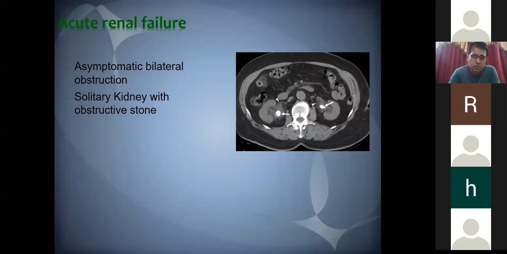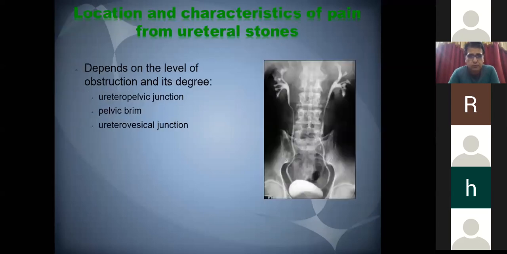And this can also happen when a patient has a solitary kidney, a single kidney, and the stone is causing obstruction in that one kidney, which is actually working for the patient. So it can lead to acute renal failure. We also call this acute renal failure obstructive nephropathy, right?